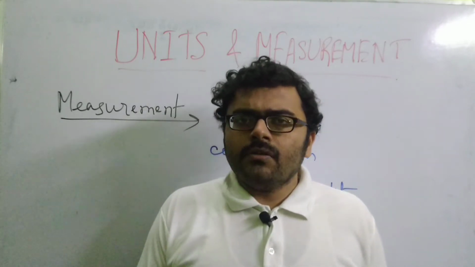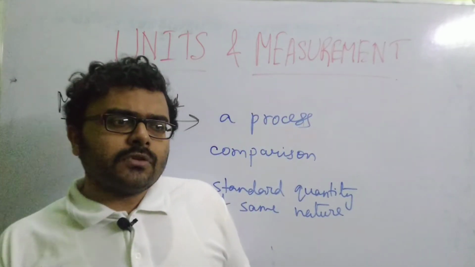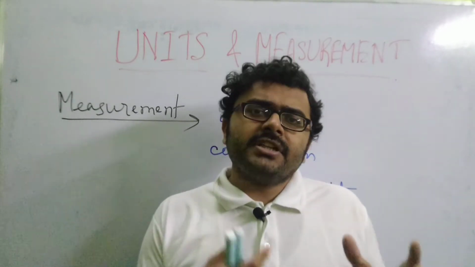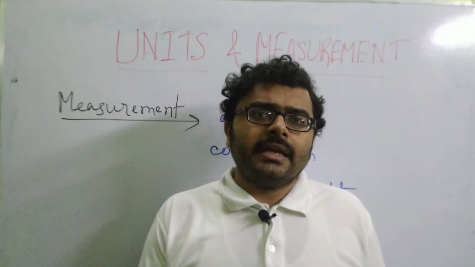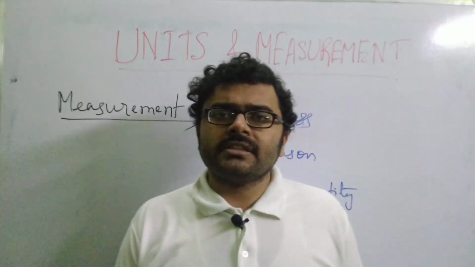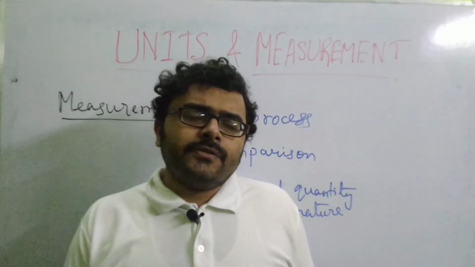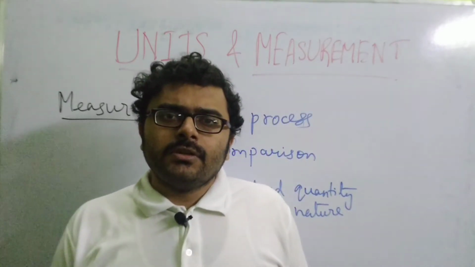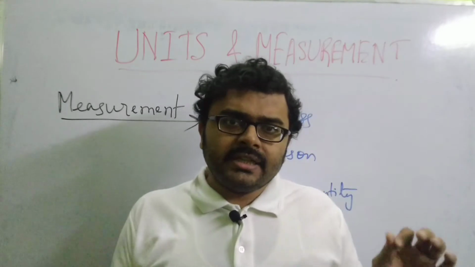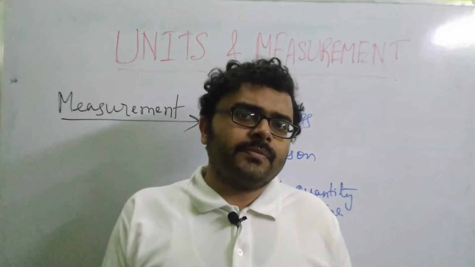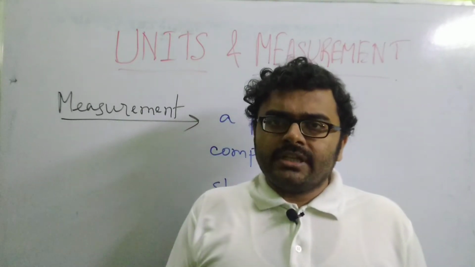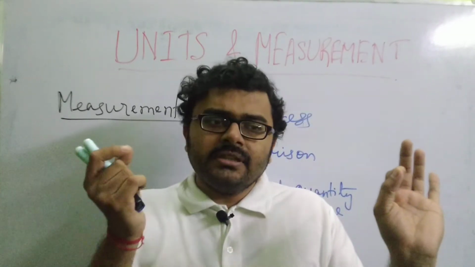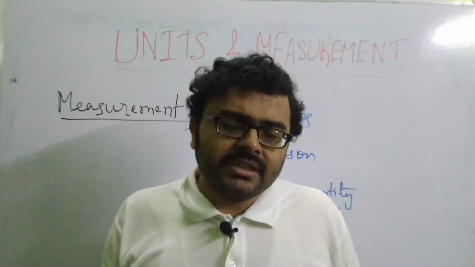Now, if you do not have any standard measuring device like a ruler or a measuring tape, these are the standard measuring devices, you have already read all these things. If you do not have such standard measuring devices, what you can do is take a piece of string, and by taking that piece of string, you can actually standardize it. What does that mean?